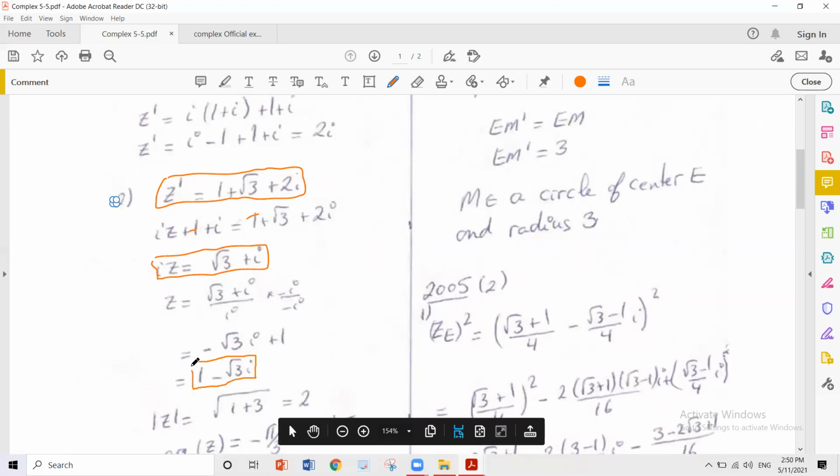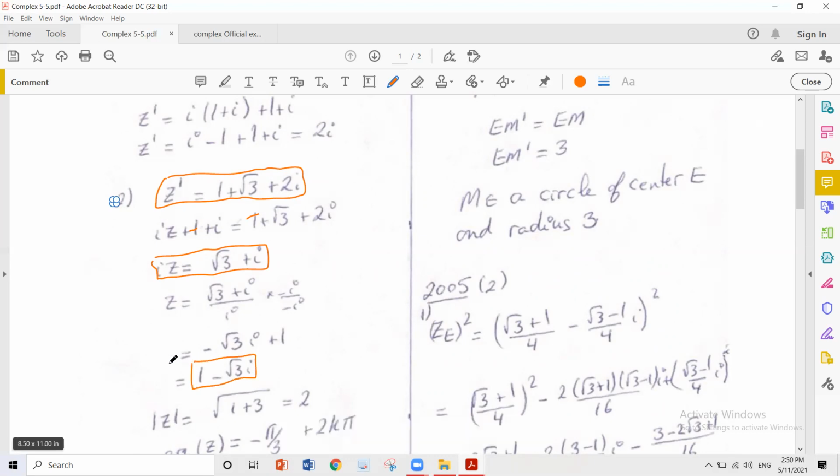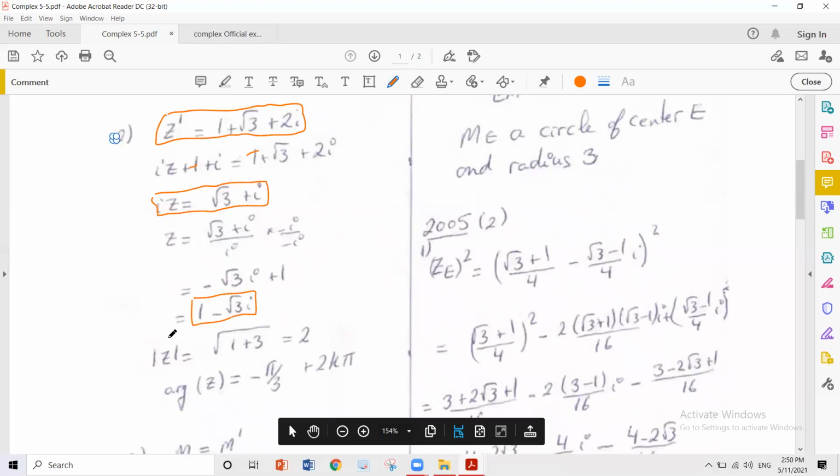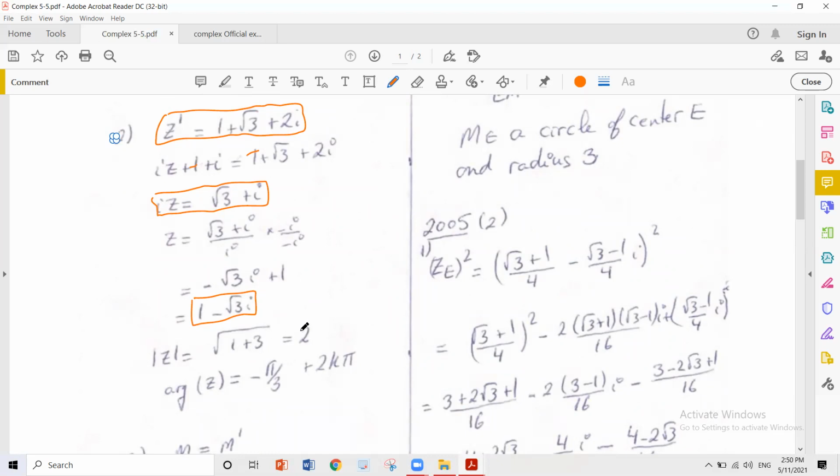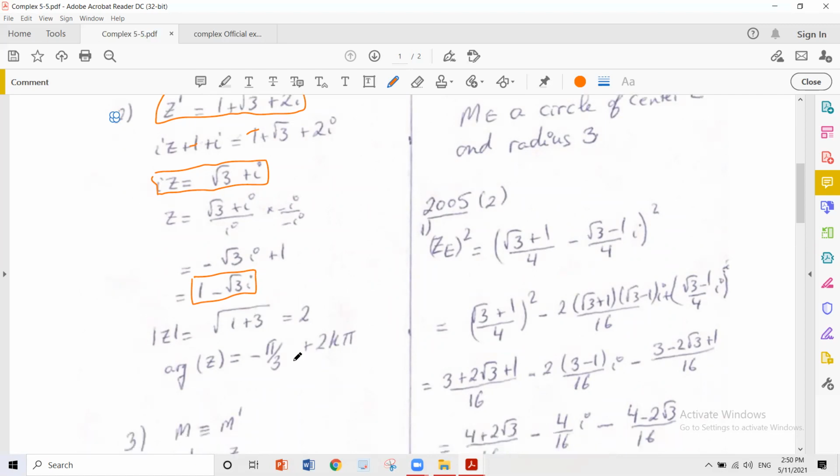We need to determine the modulus and the argument of this expression. Modulus of z is radical x squared plus y squared, 1 plus 3, equal 2. Argument of z is minus pi over 3 plus 2k pi.